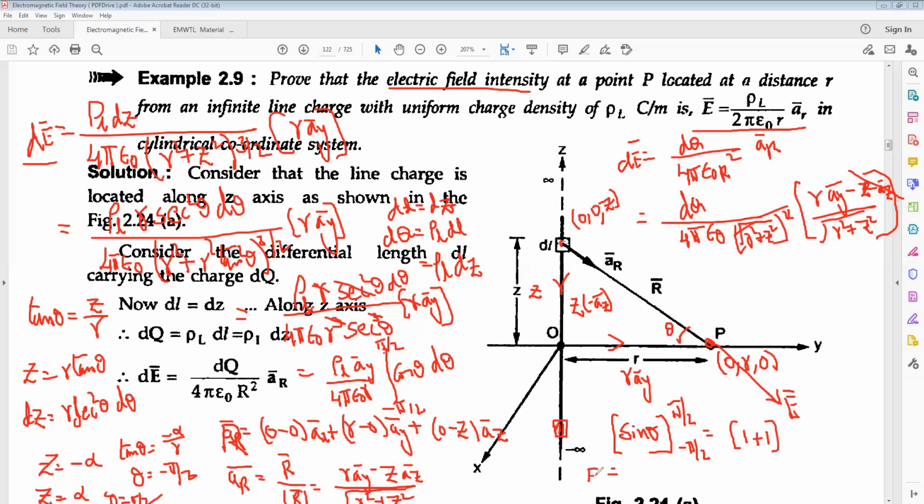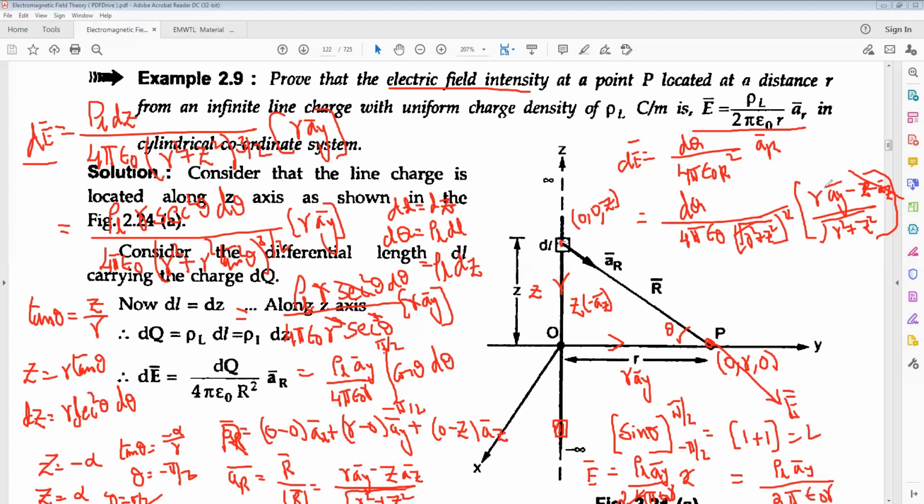So E bar is equal to rho L by 4 pi epsilon naught r into a_y bar. Whatever total integral we have gives the value 2, so 2 into that gives rho L a_y bar whole divided by 2 pi epsilon naught r.